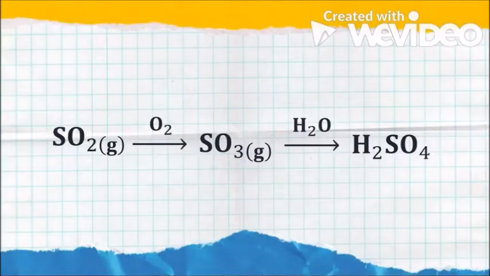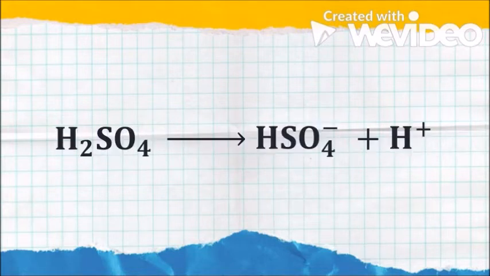When these fossil fuels are burned, the sulfur contained in them reacts with oxygen from the air to form sulfur dioxide. Sulfur dioxide, like the oxides of carbon and nitrogen, combines with water to form sulfuric acid. Sulfuric acid is a strong acid, so it readily dissociates in water to give a hydrogen ion and a hydrogen sulfate ion.